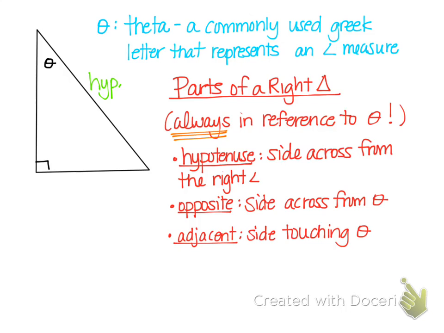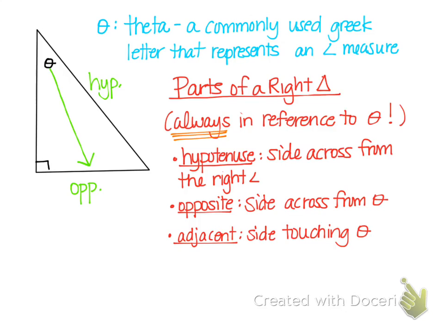Now, the opposite and the adjacent are going to change depending on the location of theta. Opposite is always really easy to pick out. Opposite is always the side across from theta. So if I drew an arrow across my triangle, this side right here would be my opposite. OPP. So then what's left is the adjacent side. And adjacent is the side that's touching the theta.